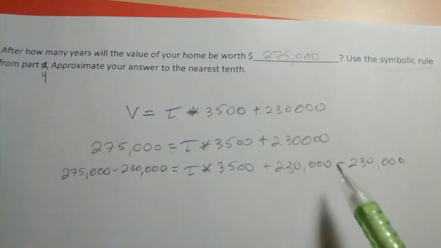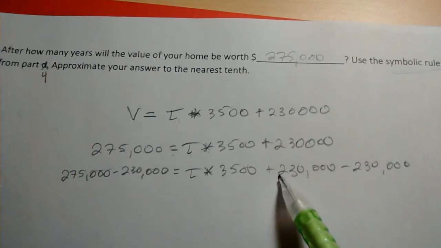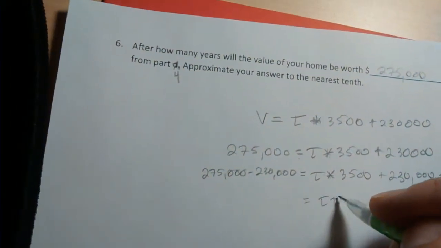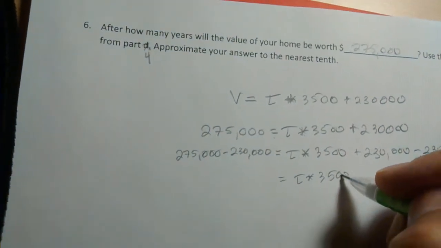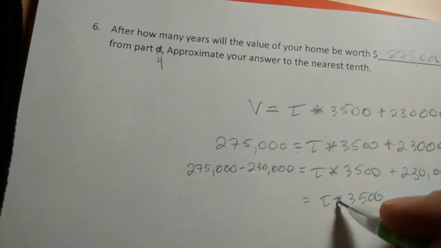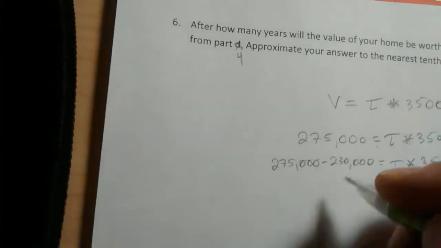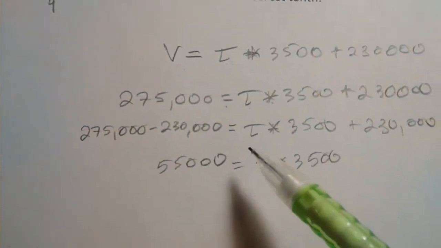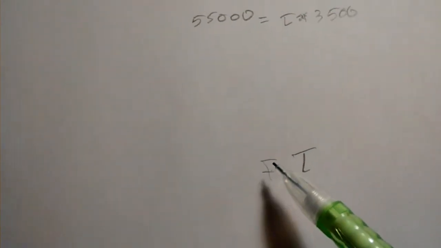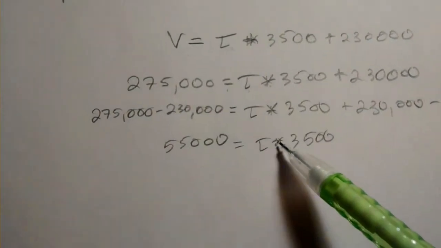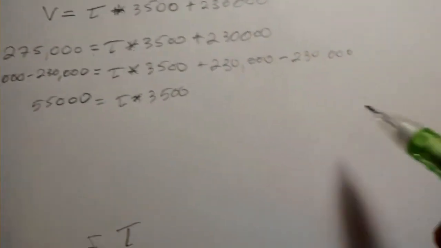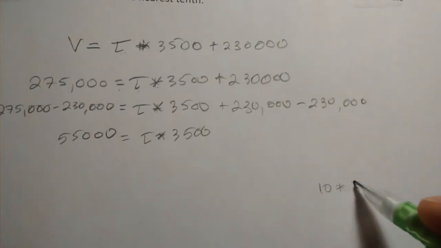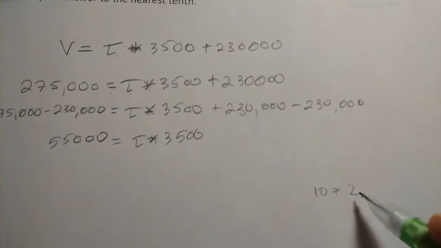So that's what it looks like. This subtraction undoes that addition, and what we're left with is this. On this right side here, if you do that subtraction, you will get 55,000. So there's a better looking equation marching our way towards T equals a value. Now the other thing is we just have to undo this multiplication. Hopefully you remember, I think I showed you in a prior video, if you take 10 and multiply it with 2, you get 20, right?